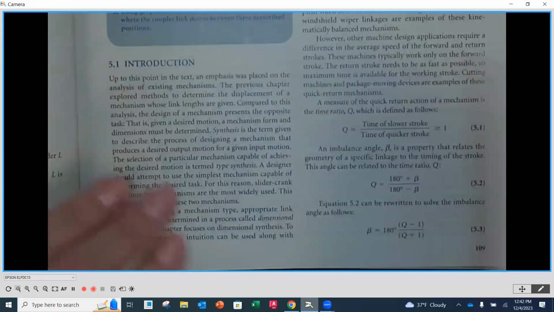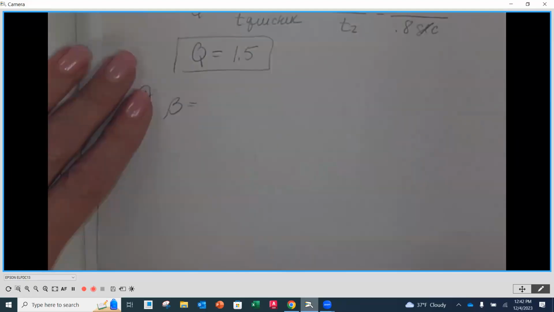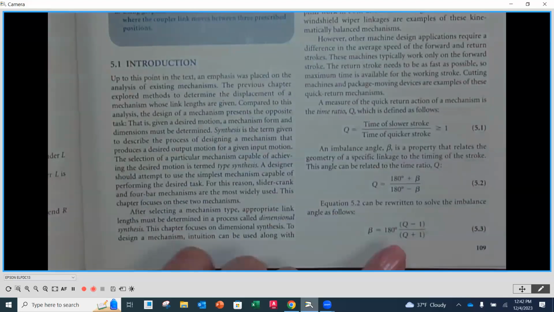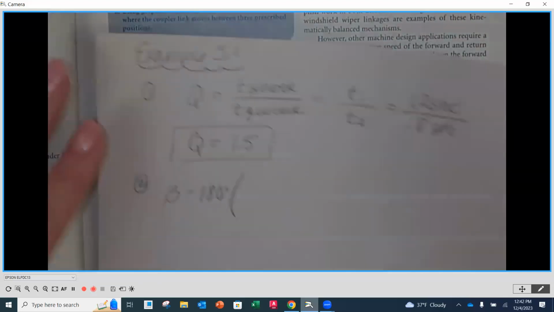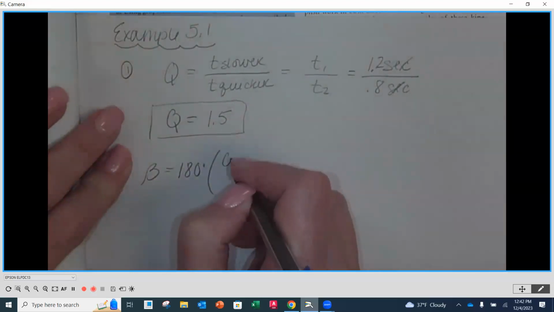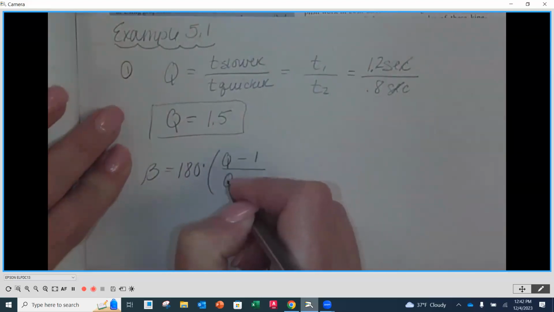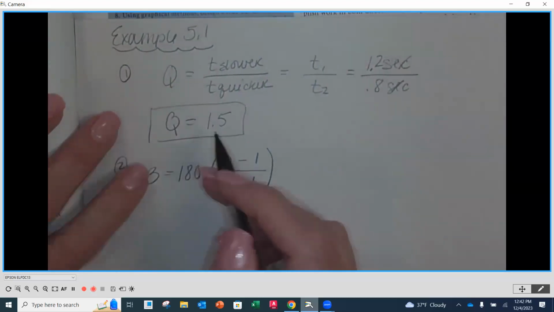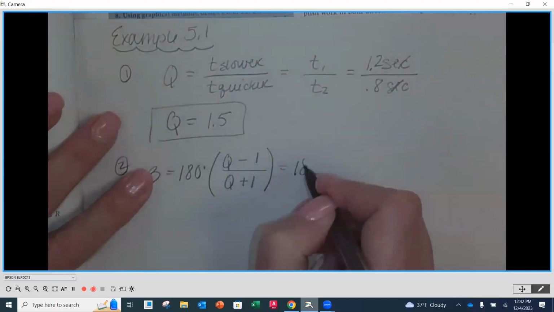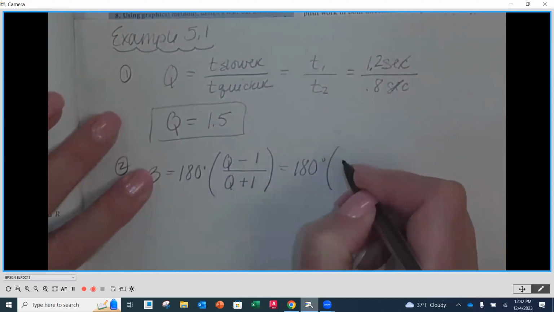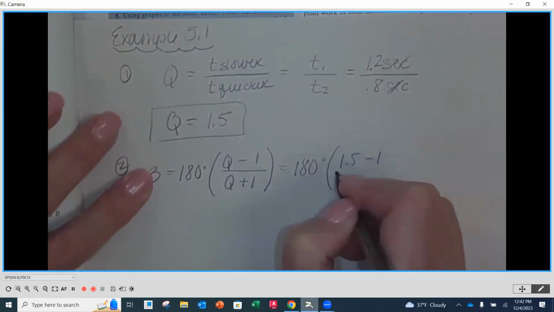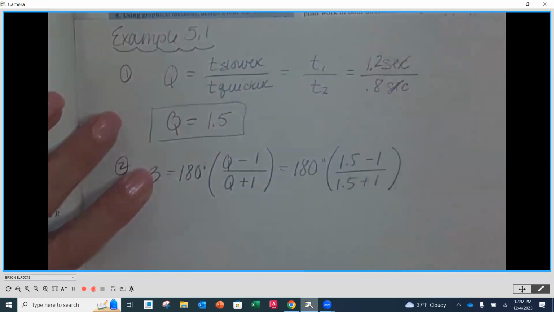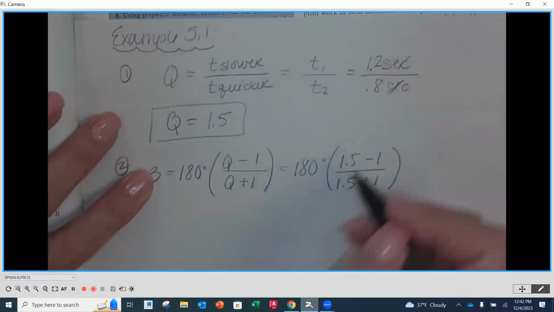My beta is going to be equal to 180 degrees times Q minus 1 over Q plus 1. Okay. So now using our Q from above here, that's going to equal 180 degrees times 1.5 minus 1 over 1.5 plus 1. Okay, so that goes right in there.